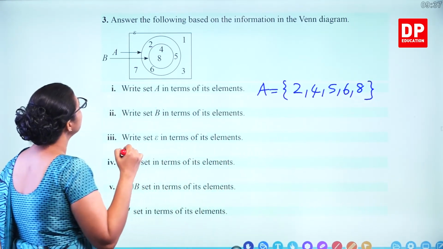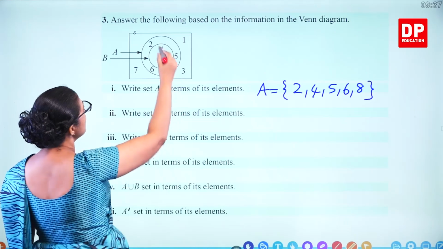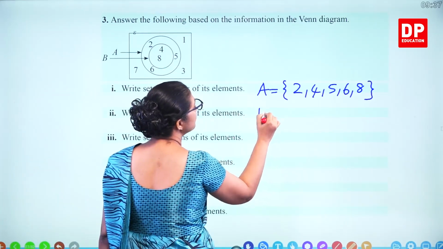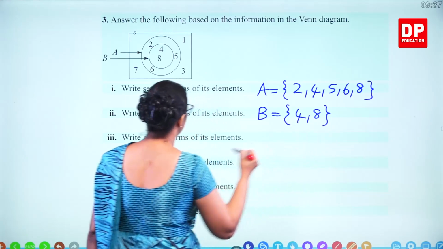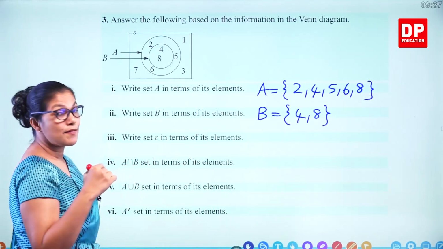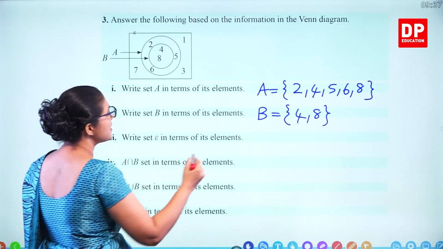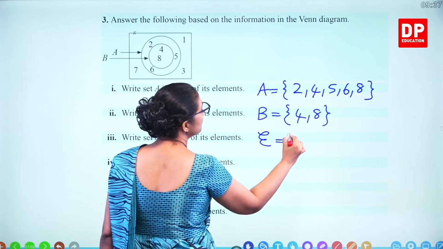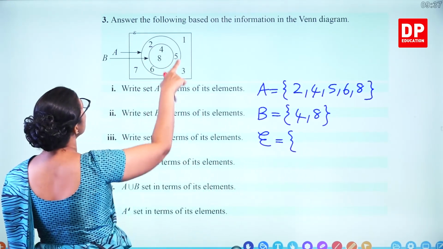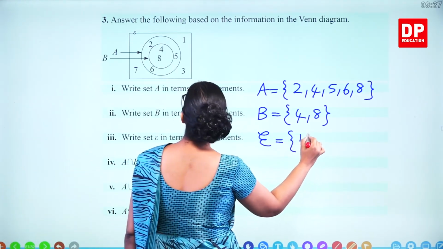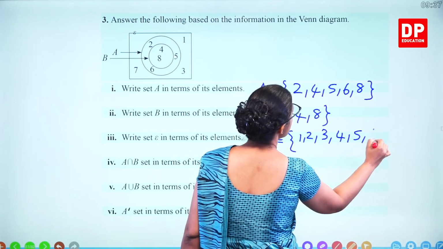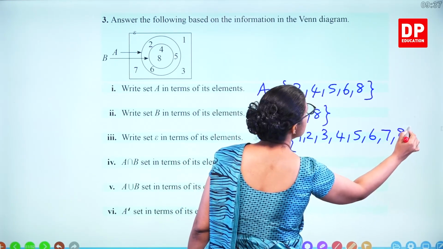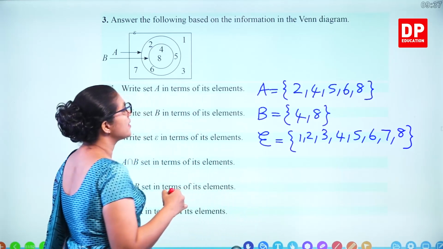B is the small circle, 4 and 8. Set epsilon means the universal set, so everything: 1, 2, 3, 4, 5, 6, 7, 8. 1 to 8.